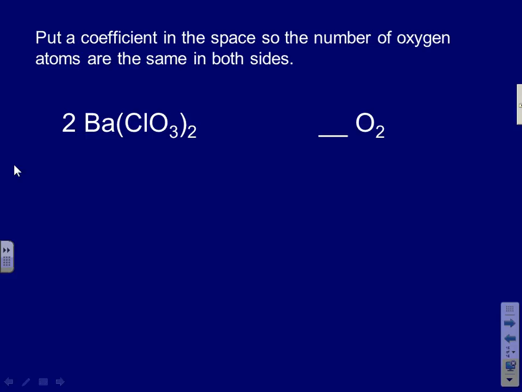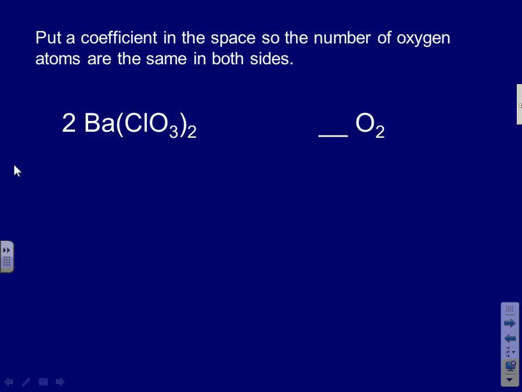Here's the question. If I have 2 barium chlorates, how many oxygen molecules, how many of these would we need in order to have the same number of oxygens? Because I need to have the same number of oxygens.